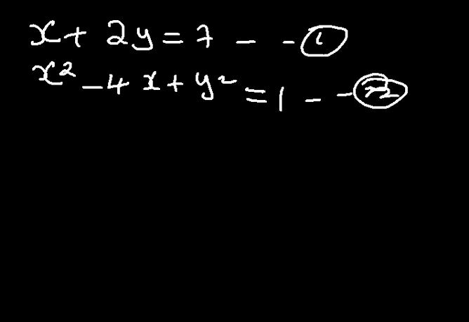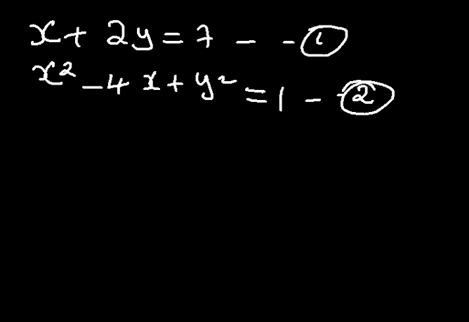Now the principle remains the same as we already discussed in the previous video on solving two linear equations using the substitution method. So let's think of having the equation whose one of the variables can be expressed as the subject.